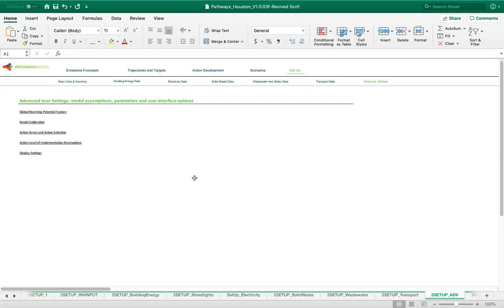So the model is in this difficult place. It's trying to provide users a level of specificity that is appropriate for their needs so that they can trust the outputs that it provides. But yet it's also trying to be a rapid prototyping tool so that you can get a sense of what different actions do in an overall sense.